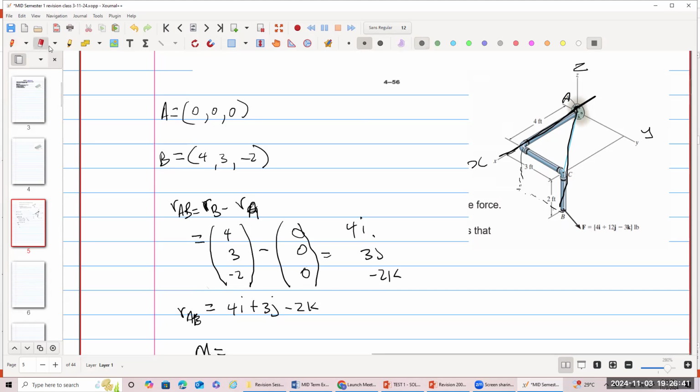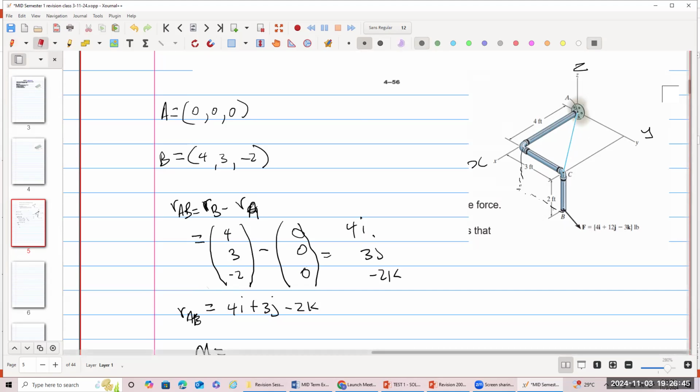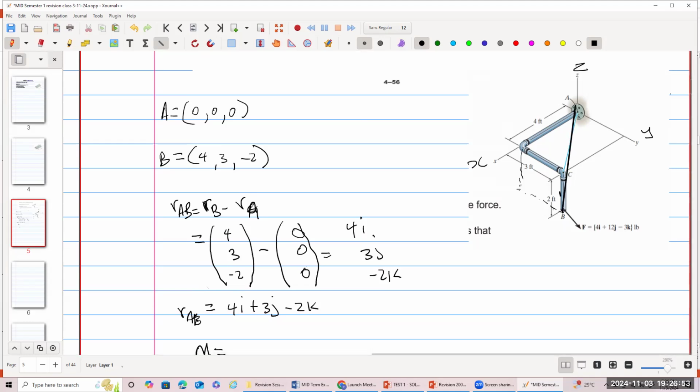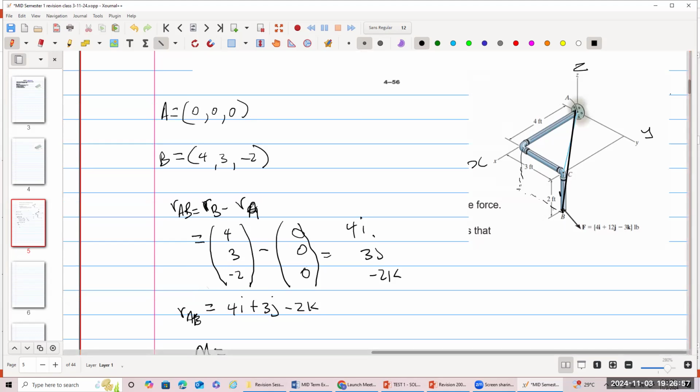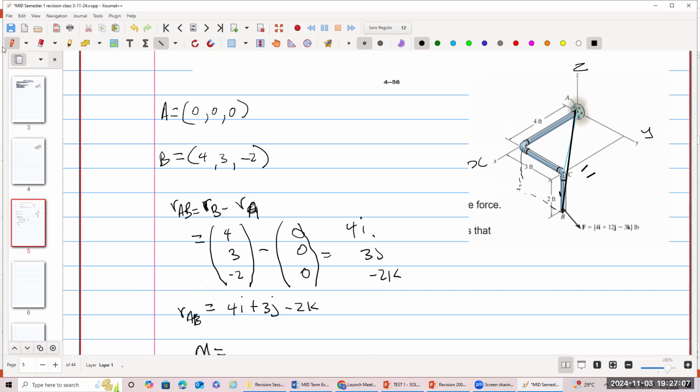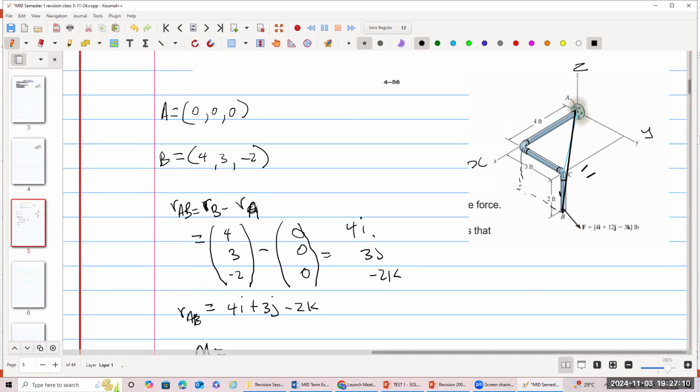Let me use a tool to get better writing. Let me draw the line. That line maps the force onto the axis. Everybody agree with that? So that gives us RBC.